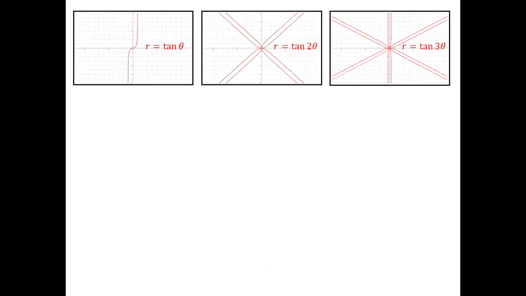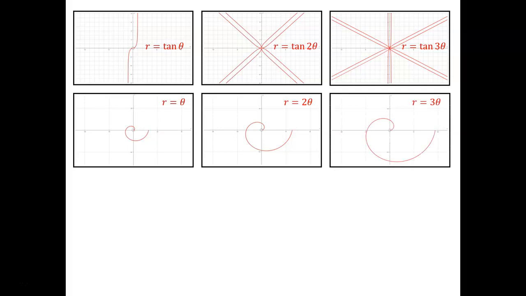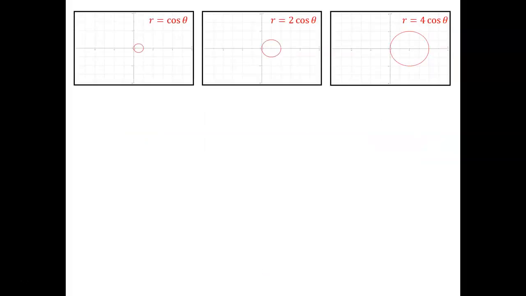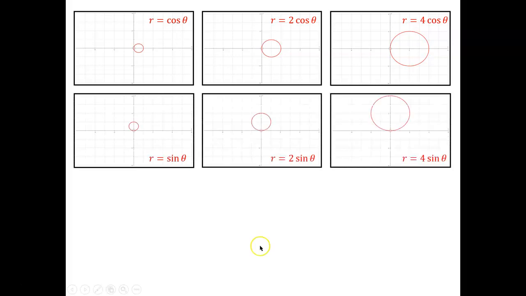So, some other polar graphs. This is tan of n theta. Here are our spirals. This is just r equals n theta. Got ever increasing circles here, just n cos theta or n sine theta.